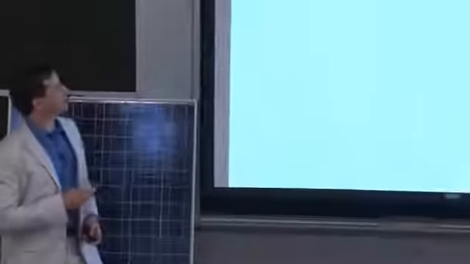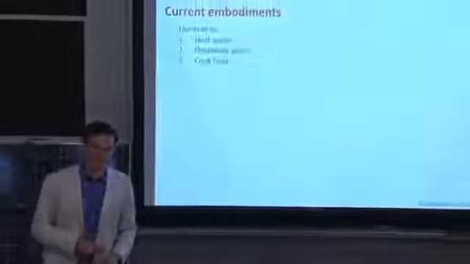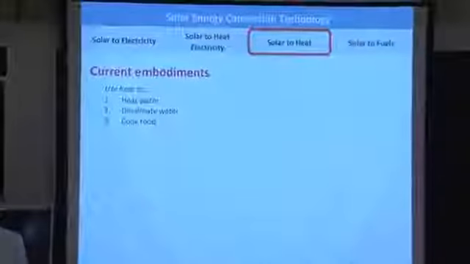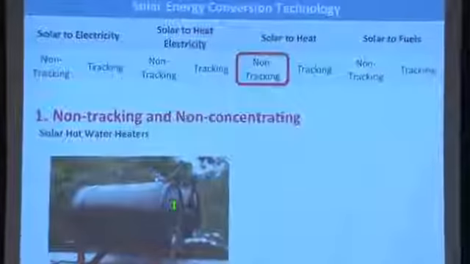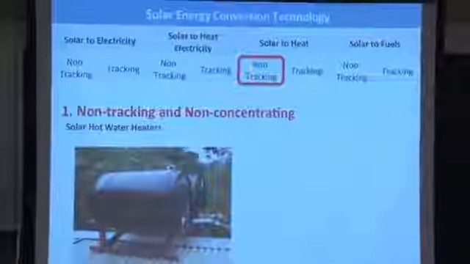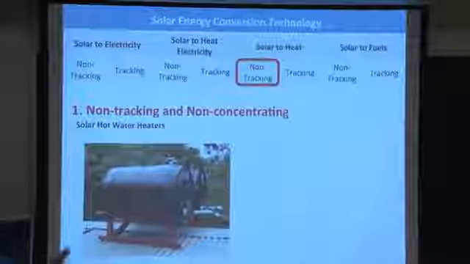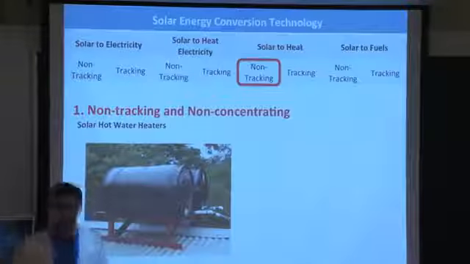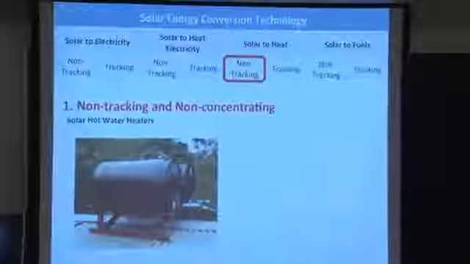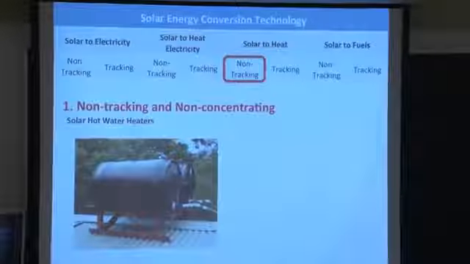Solar to heat. This is really important in developing countries, not to be overlooked. The very simple, low-tech conversion of sunlight into heat. You can heat water. This is very, very common on rooftops all throughout the sun belt of the planet. You'll see these on the roof, painted in black. They contain potable water, typically used for either, say, for example, showers or kitchen use.